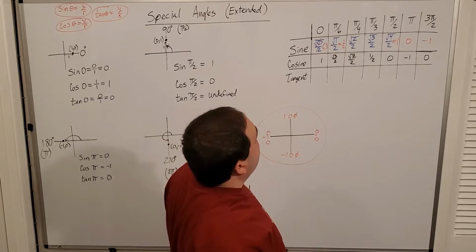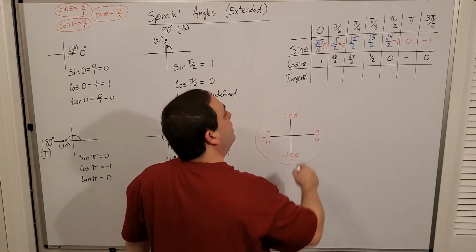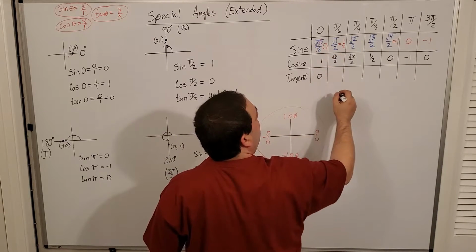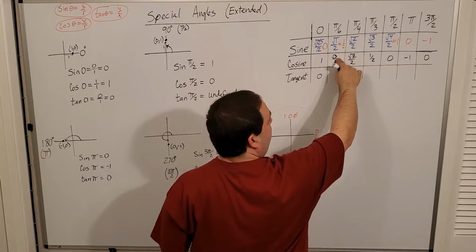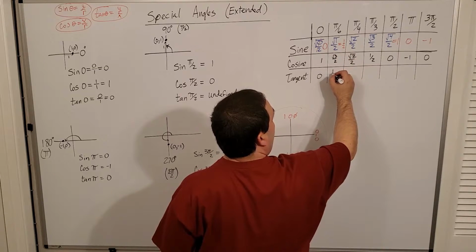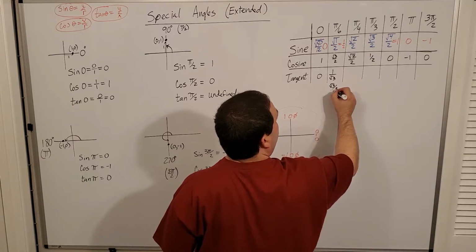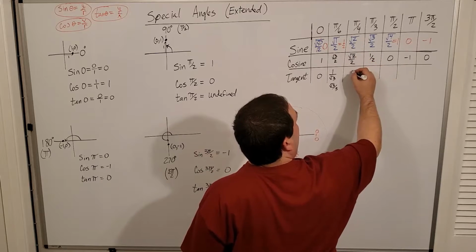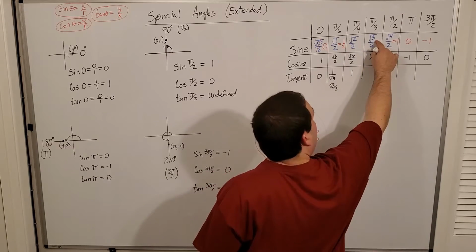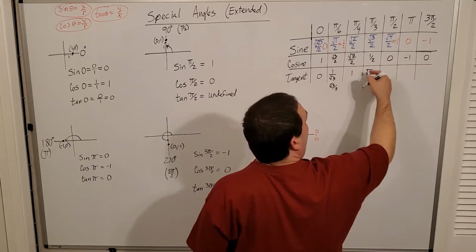And then to get tangent, you simply do the sine divided by the cosine. So 0 divided by 1 is 0. 1/2 divided by square root of 3 over 2 is going to give me 1 over square root of 3, or square root of 3 over 3. Something over itself is 1. Square root of 3 over 2 divided by 1/2 is the square root of 3 over 1.